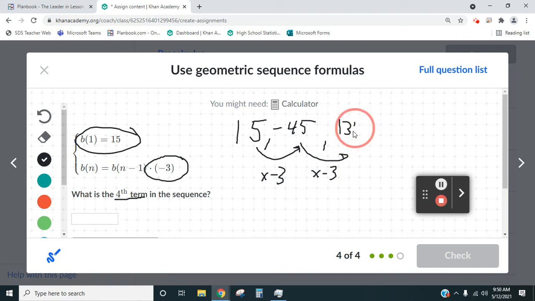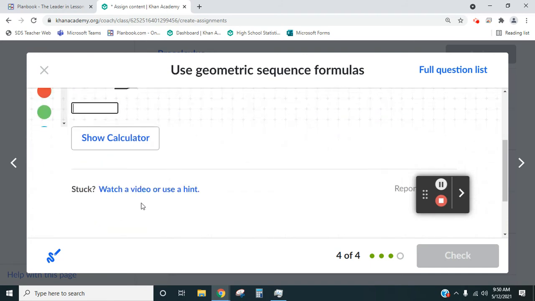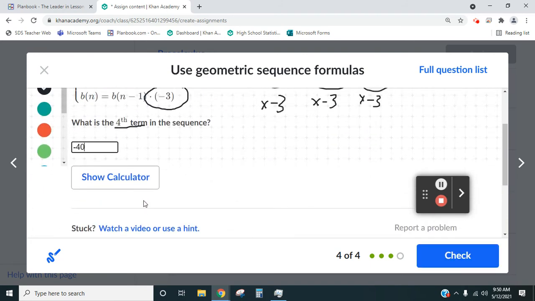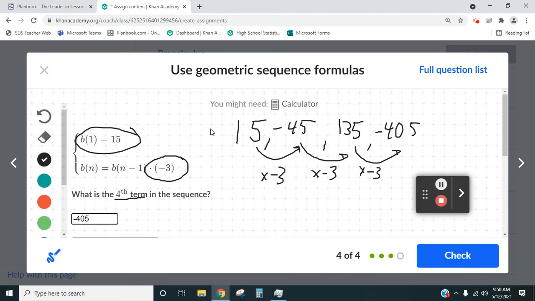It'll be positive. It's going to alternate because we're multiplying by a negative. And the 4th term? All right, sweet. That's the recursive formula. It does the same thing. It has a start, and does the same thing over and over again.